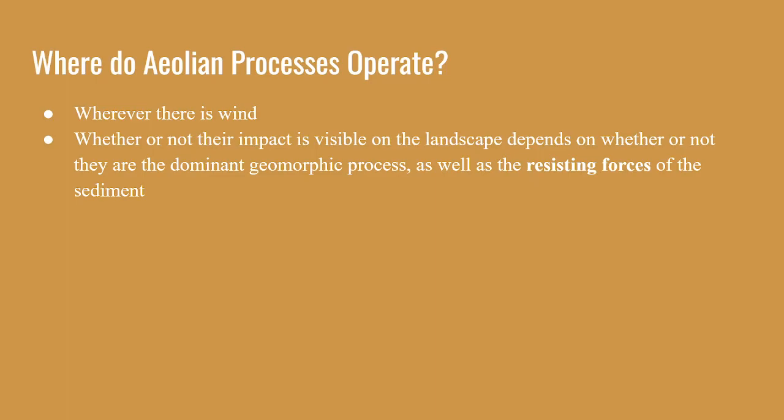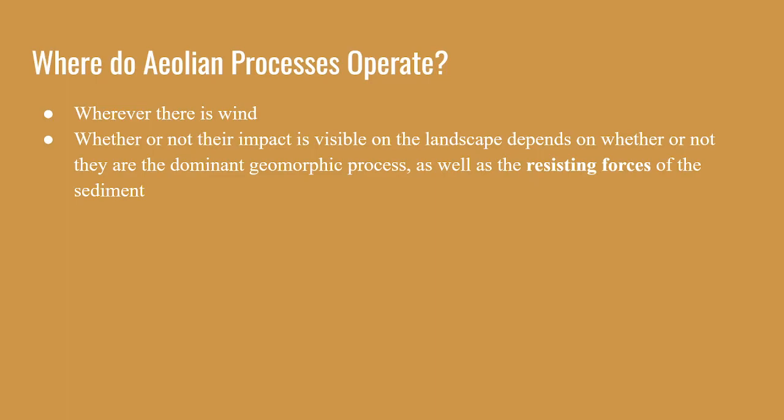And because water is so much stronger than wind, it's a stronger agent of erosion, it's able to move more and bigger stuff. Quite often, in a lot of landscapes, water is the dominant agent of erosion, including some desert landscapes that are occasionally flooded.